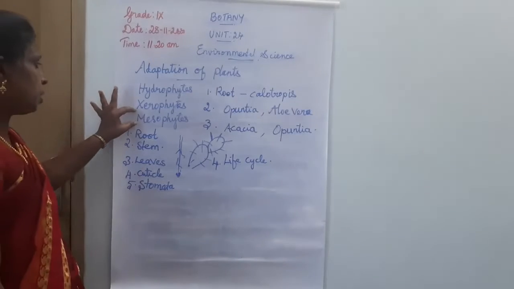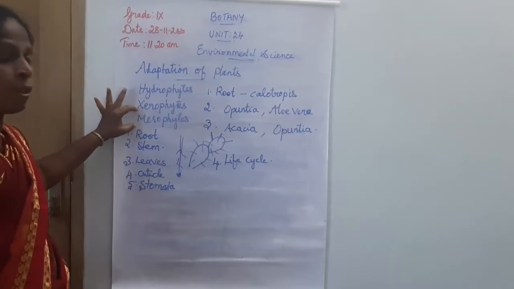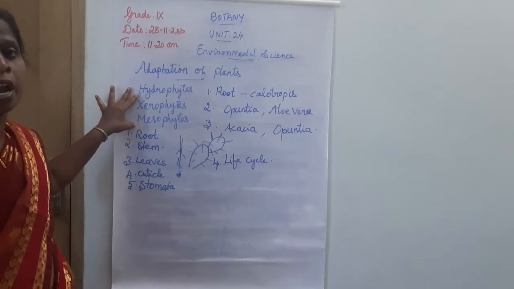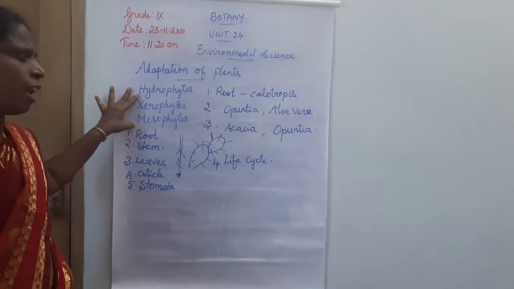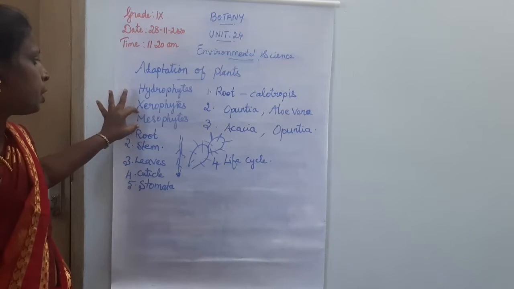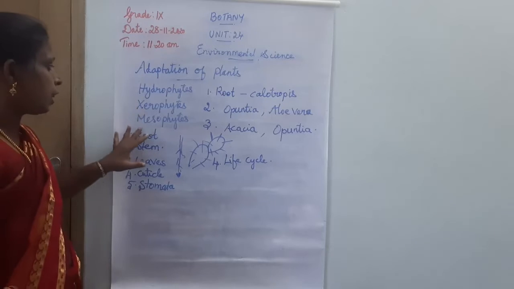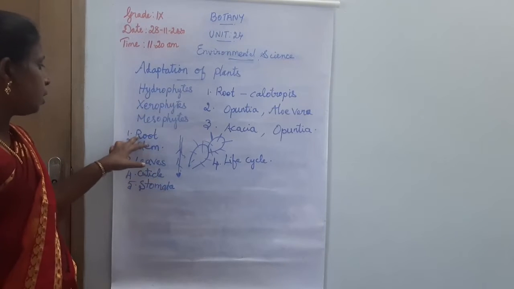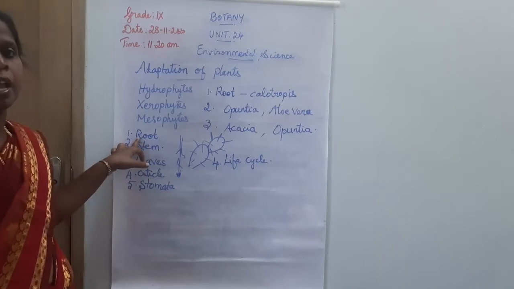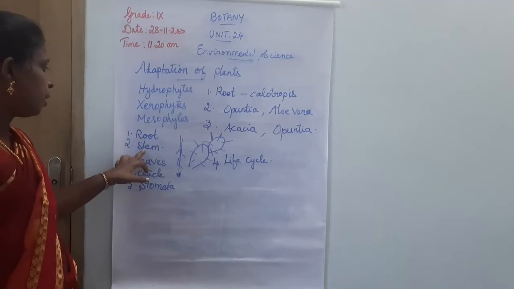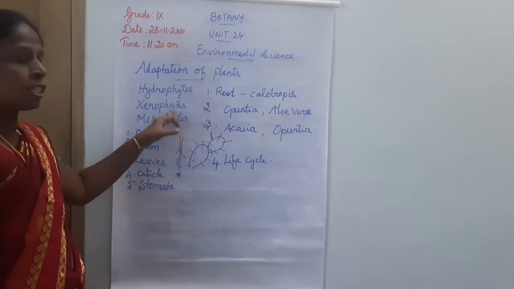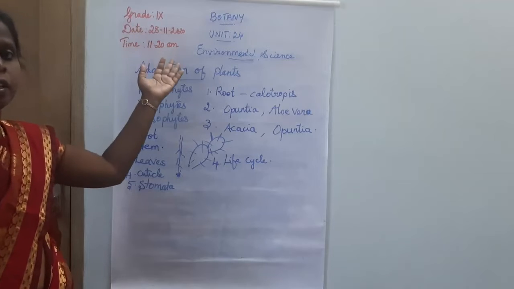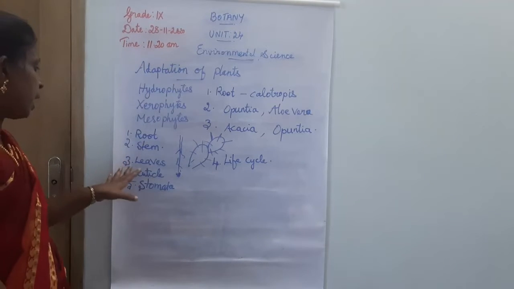So what are the adaptations of mesophytes? Mesophytes are the plants which grow under moderate climate conditions. The roots are well developed and consist of a root cap. Next about the stem, the stems grow straight and consist of many branches.